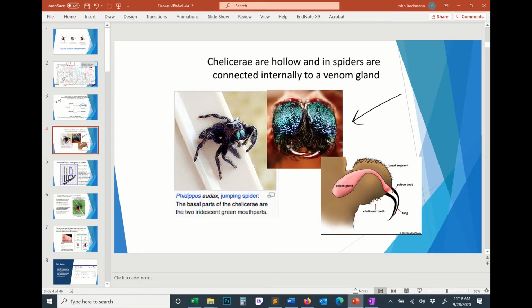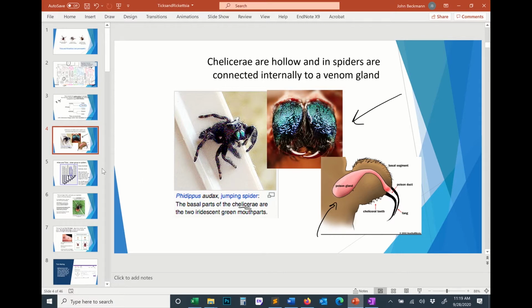So if a spider bites you and injects you with some poison, what it's hitting you with are its chelicerae. Is that correct? Chelicerae? That's the plural, I think, of how you say the two chelicerae, and chelicerates is the taxonomic clade. Okay, so within the larger group, there's spiders, okay?